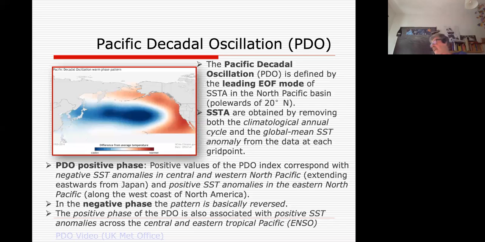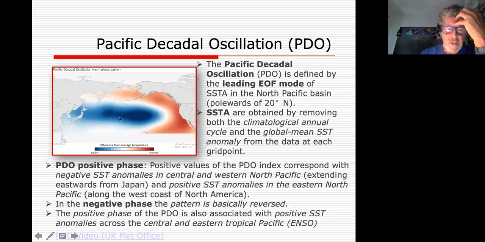The concept is similar for this kind of index, or this kind of pattern, when we have a positive phase and a negative phase. The positive phase of the PDO corresponds with a negative anomaly in the Central Western Pacific up to Japan.